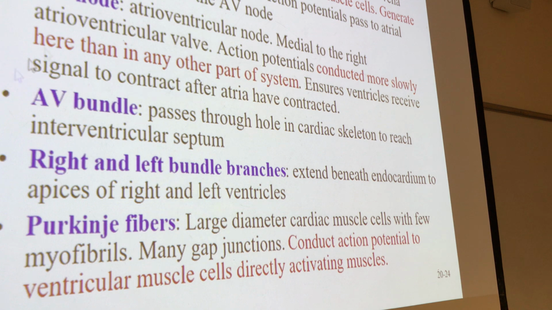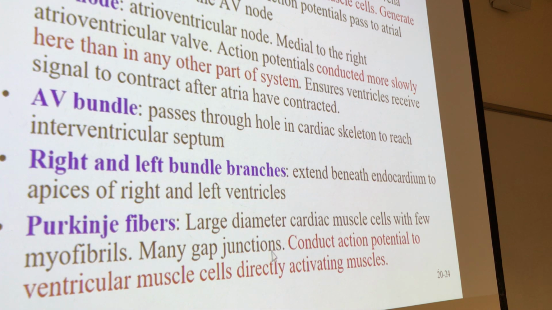Then it passes a signal to the bundle branches, which then contract from the apex upwards, right? And that's very important to understand, that you contract from the apex up. Why? Because as you contract from the apex up, you're moving blood up into the great vessels.